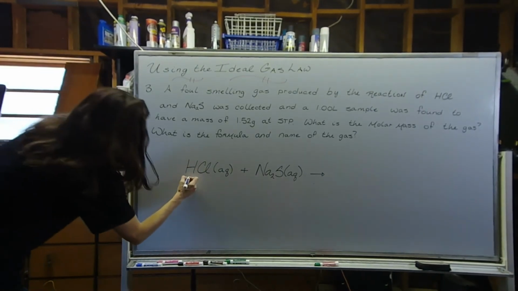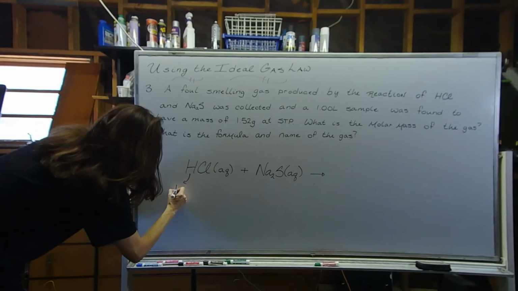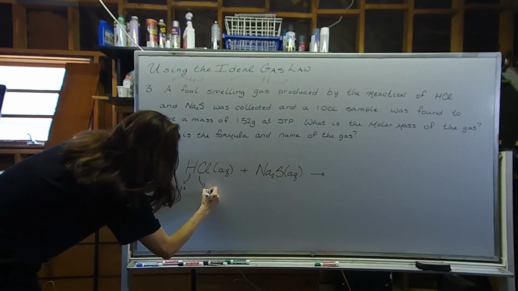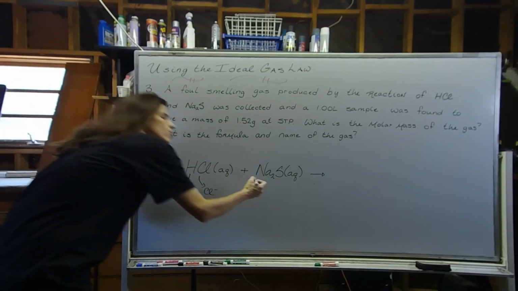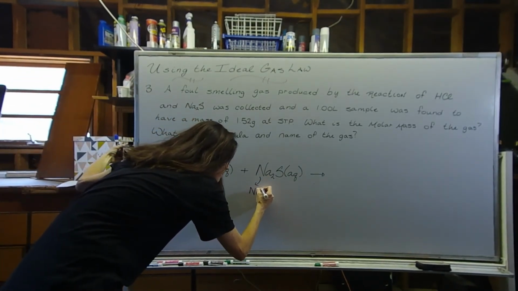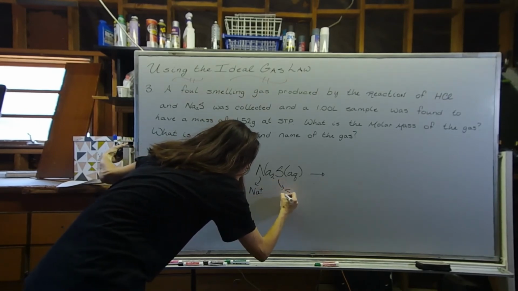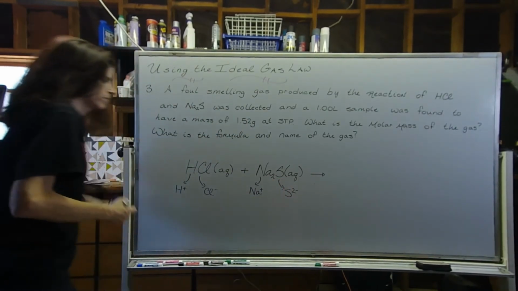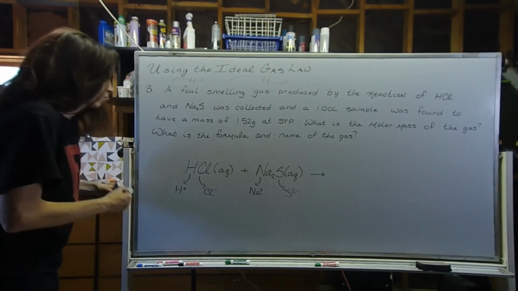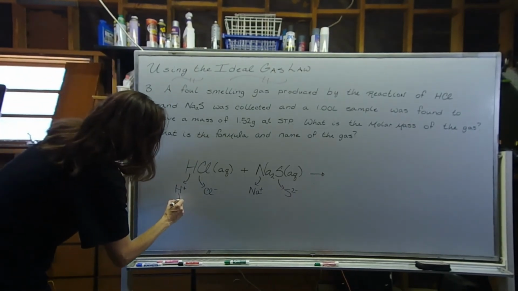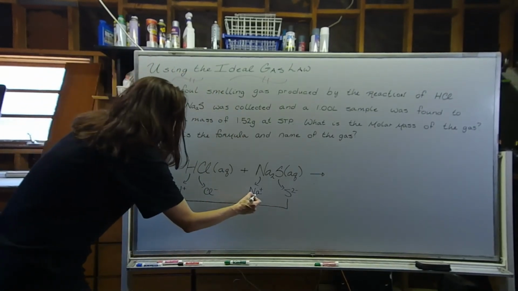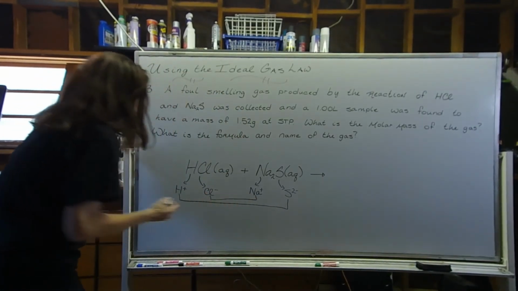So we're going to break the hydrochloric acid into its ions, so H plus and Cl minus. The sodium sulfide will be Na plus and S2 minus. And then we're going to do-si-do them. So we'll have the hydrogen recombine with the sulfide and the sodium combine with the chloride.